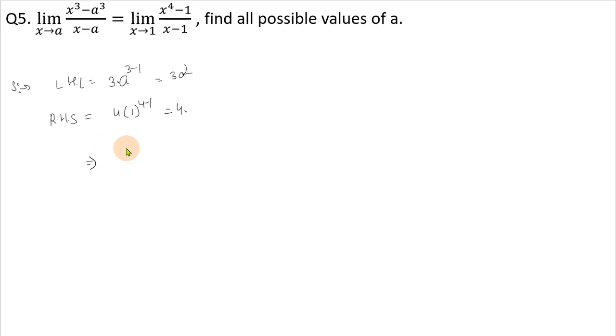So according to the question, we have 3a square equal to 4. So a square equal to 4 by 3 implies a equals to plus minus 2 upon square root of 3, and that's the answer. Again an easy question.